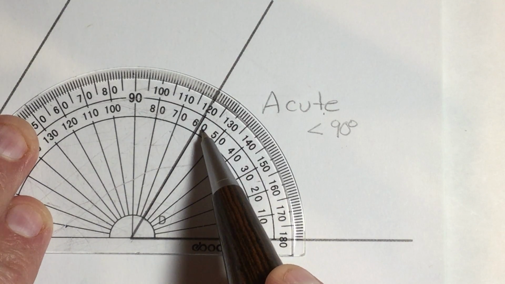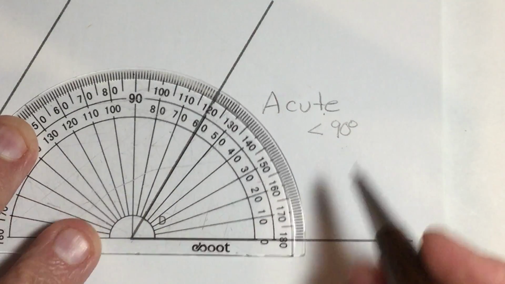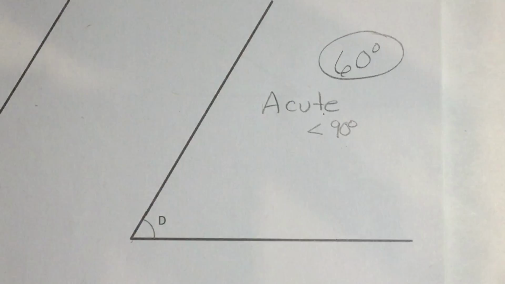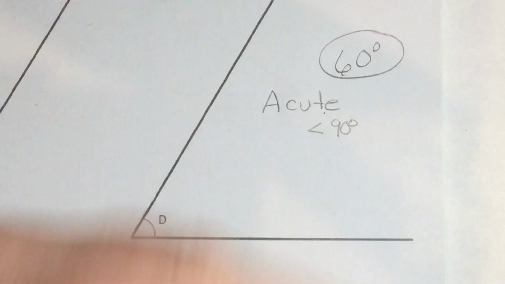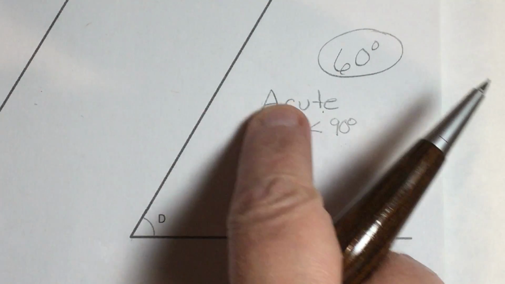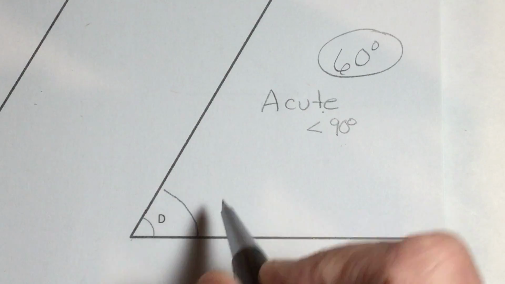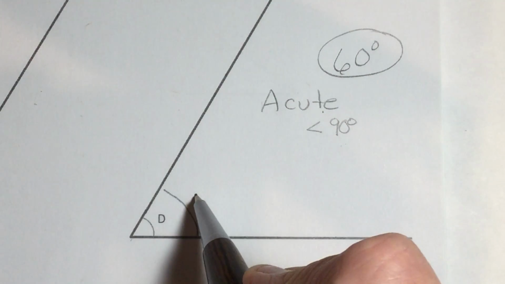So I want to choose the 60. So that would make this a 60-degree angle because it's opened up 60 degrees from 0 all the way to 60 degrees. And you can see they have the arc in there. I just wrote in another one.